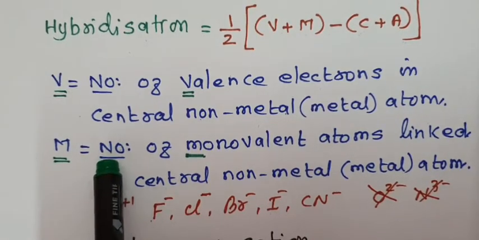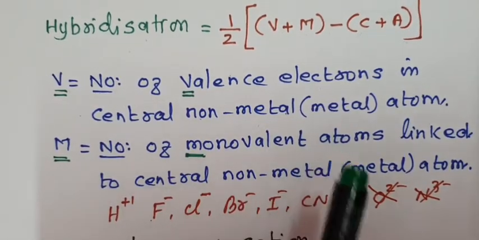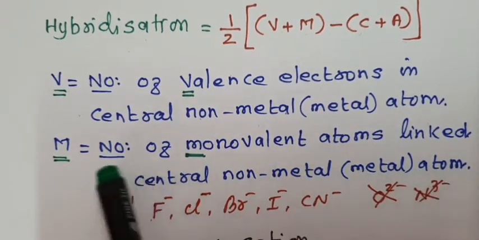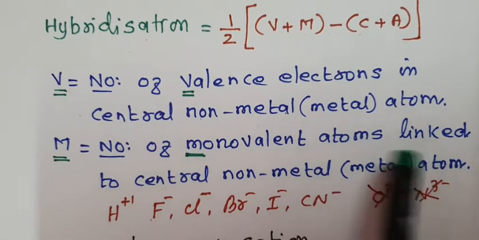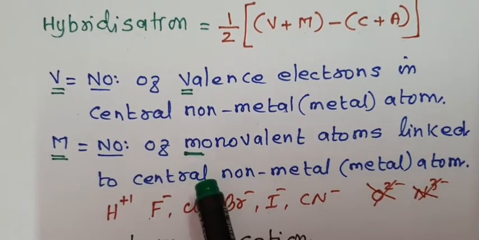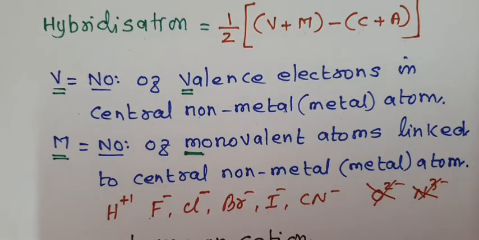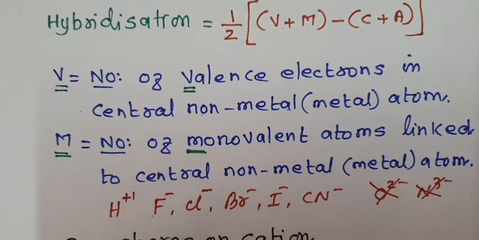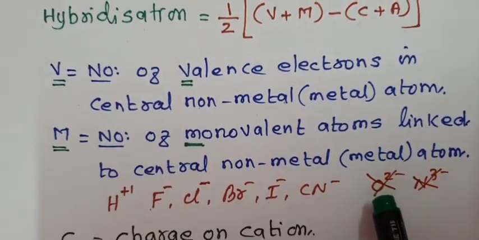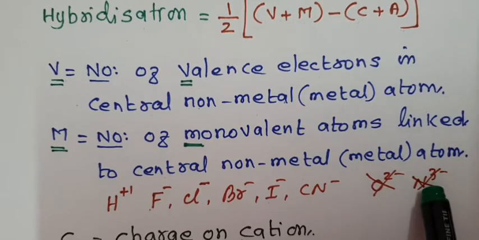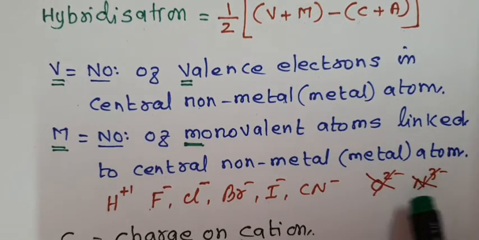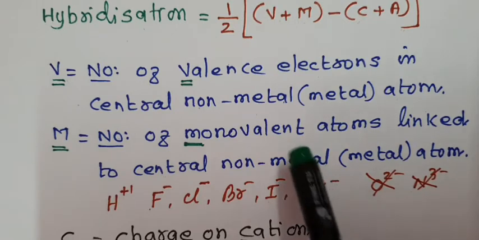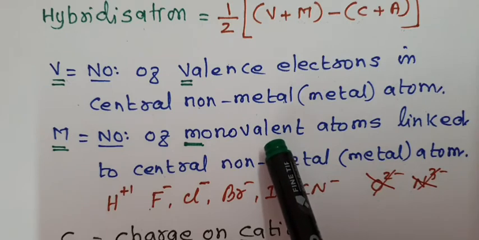M is the number of monovalent atoms linked to the central atom. Monovalent atom examples: hydrogen, fluorine, chlorine, bromine, iodine. If any bivalent oxygen or trivalent nitrogen is present in the molecular formula, the oxygen is not taken into the calculation of the M value.